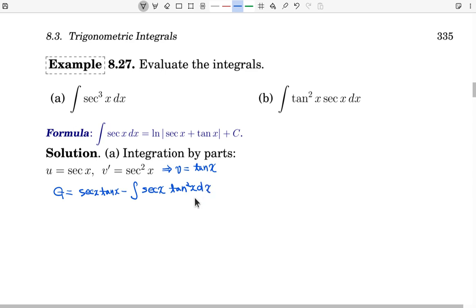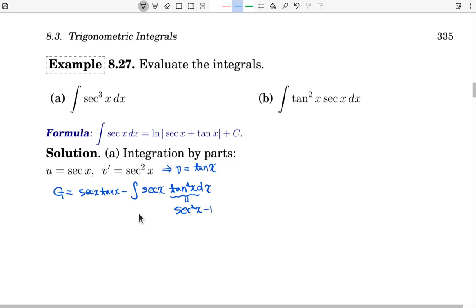So now we have sec x tangent squared x. For this one, we may try to use the formula: tangent squared is the same as sec squared x minus 1.